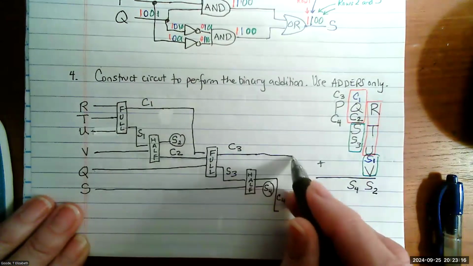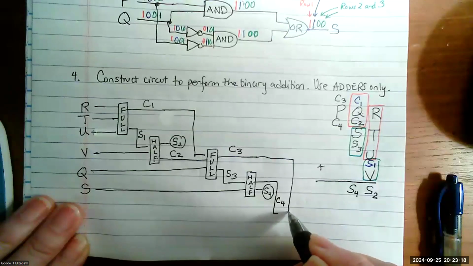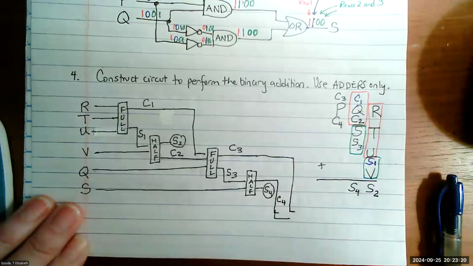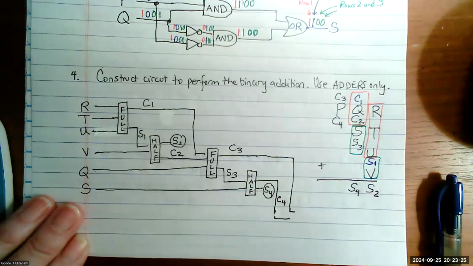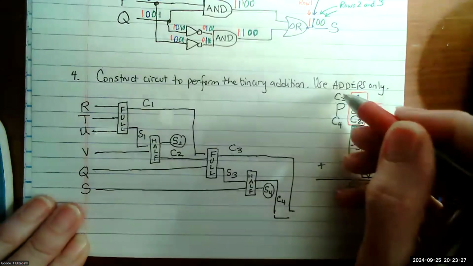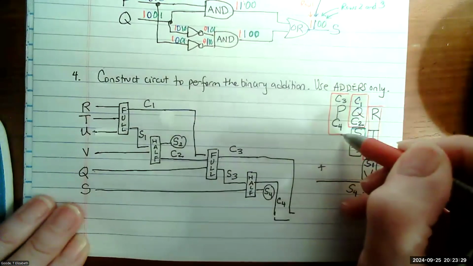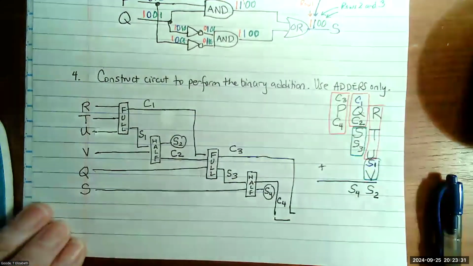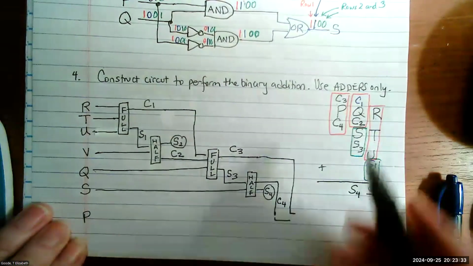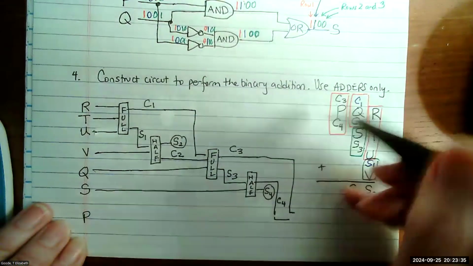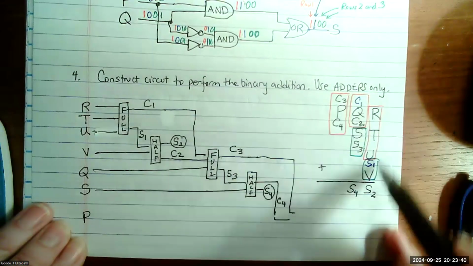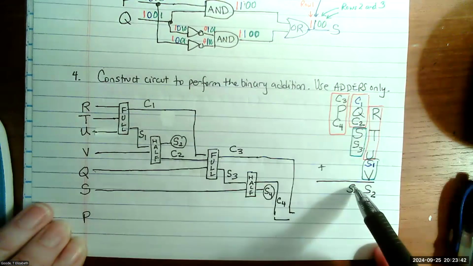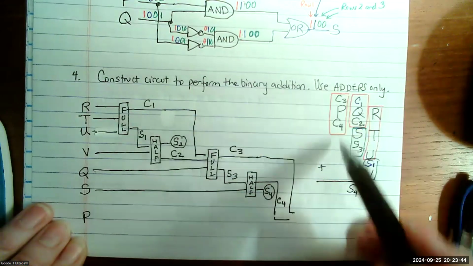And now here's carry 3. And what else is in that column that has to get added with carry 3 and carry 4? P? Yeah, now see, we work right to left instead of working across. We work the first column, then the next column to the left of that, then the next column.